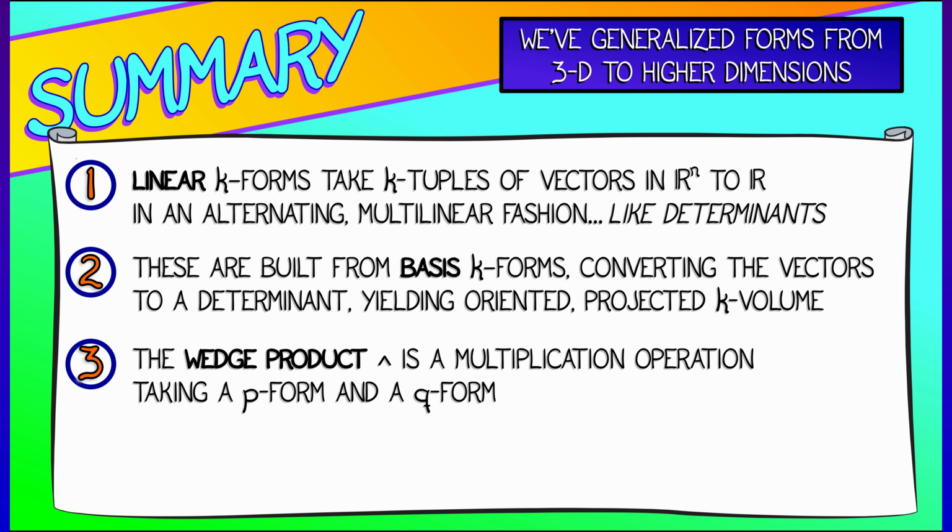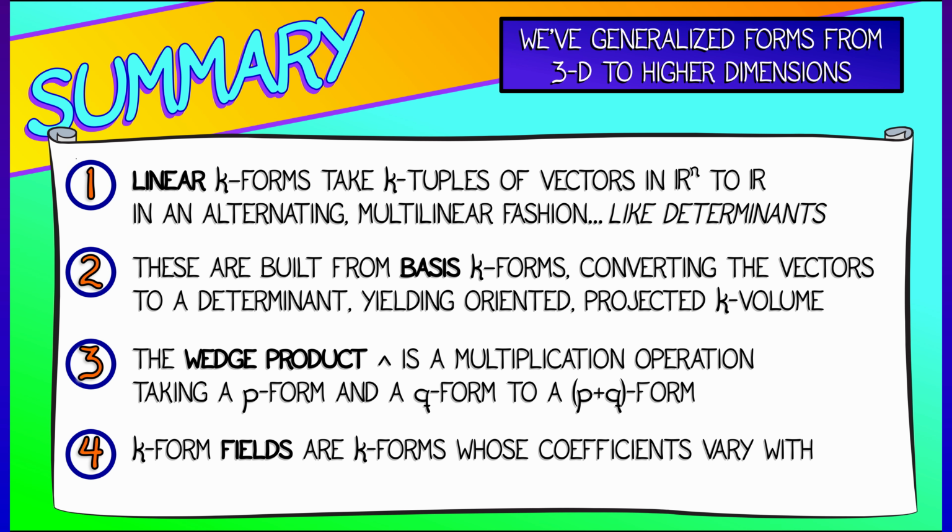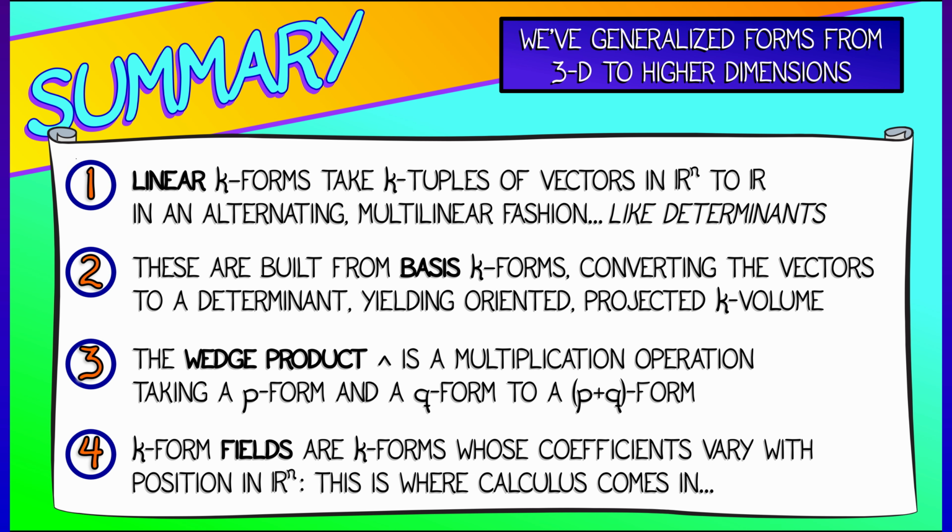We can take forms and multiply them together using the wedge product, something that takes a p-form and a q-form, multiplies them together into a p plus q form. And finally, with all this as background, we are able to talk about k-form fields as choices of k-forms at every point in space. And that is going to lead us to calculus.